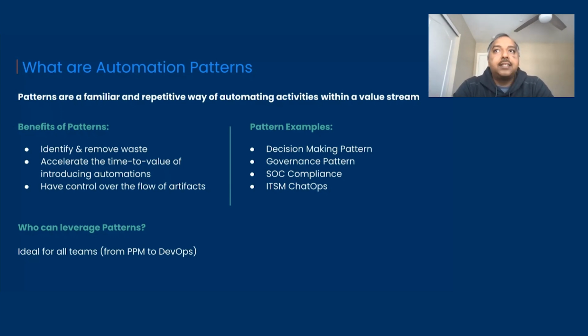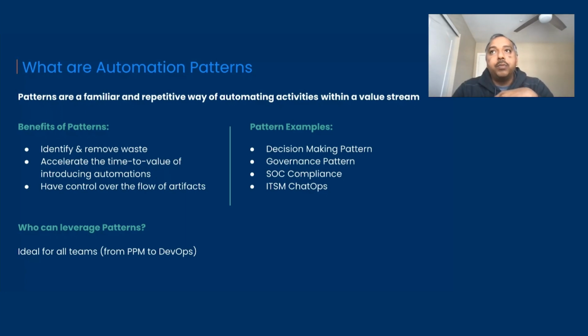Anybody who is using any of these systems can leverage these patterns to eliminate the waste. A typical example could be whenever a service request comes into your service management system, like an incident or a problem that is reported into your service desk team, and you want to send it over to engineering, you want to connect those tools right now, right?